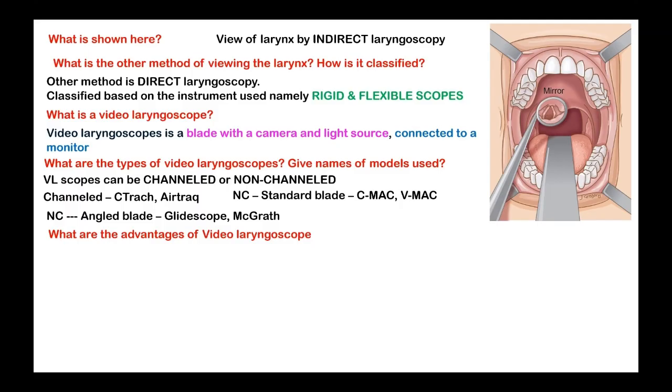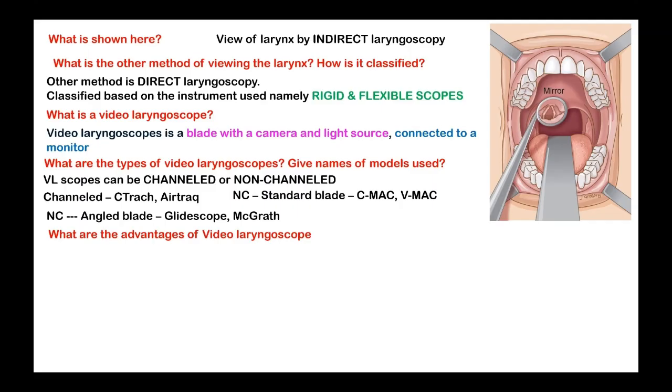Easy visualization of the cords. It is used for difficult airway. First and foremost, cervical spine advantage. You need not position the head and neck as you do for the rigid blade, your conventional Macintosh laryngoscope, where you need to position the head, flexion at the cervical spine, extension at the atlanto-occipital joint.